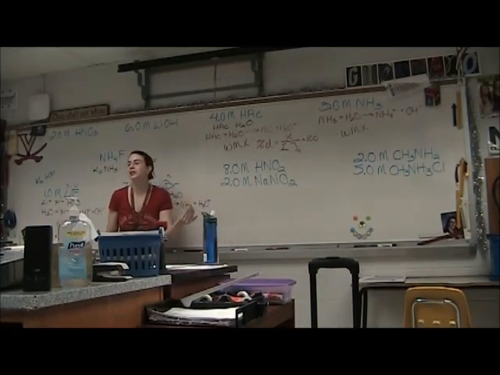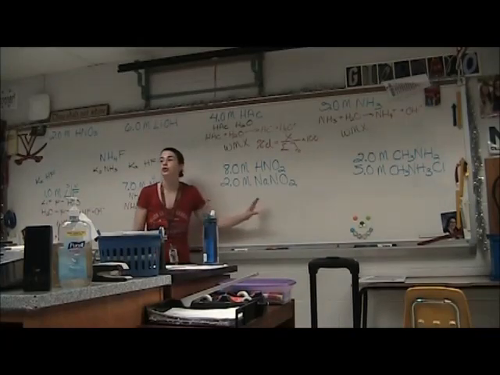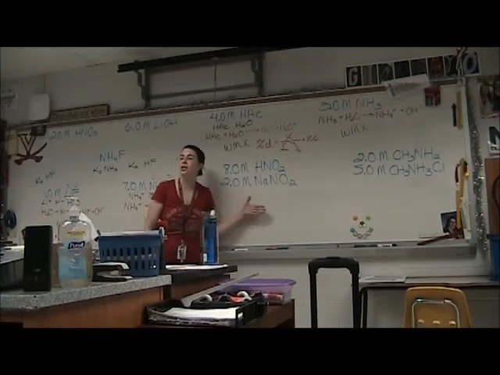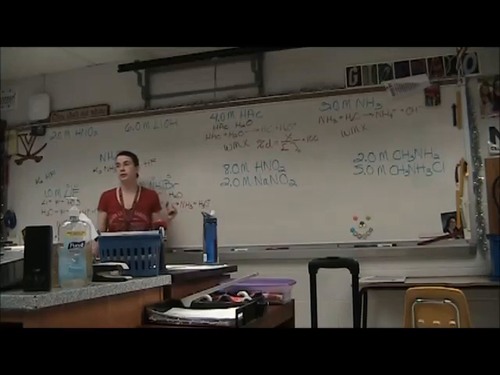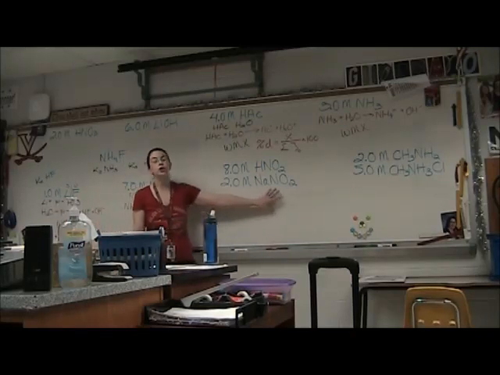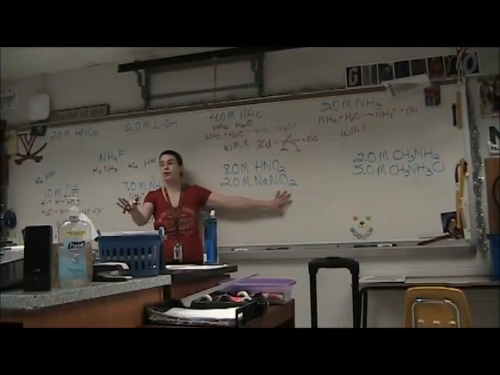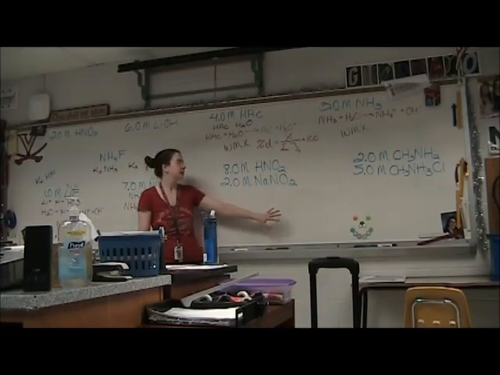You don't need to list out your major species. You don't need to write a reaction. You don't need to do an ICE table. Go straight to Henderson-Hasselbalch. I'm telling you that you can, and we did this in class, and you guys got really mad at me because I made you go through all this work when we could have just done Henderson-Hasselbalch.